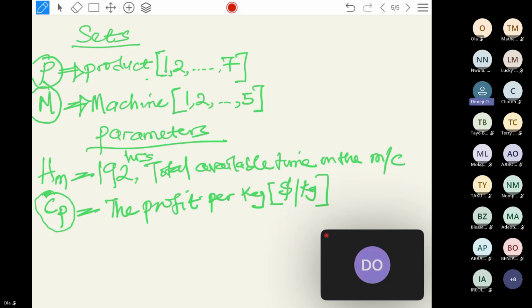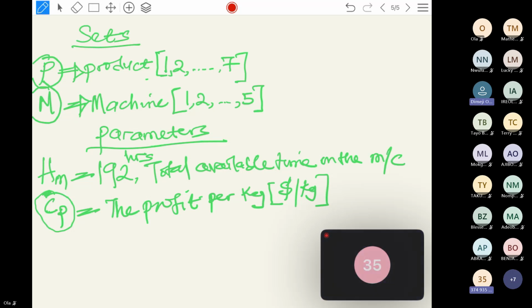For those who are using AIMMS, and even people who are familiar with optimization, you should be able to say one or two things about this. Just try. Yes, please. Okay, I feel it's the profit per kg per product. Okay. That is, you have C1, C2, C3 to C7.